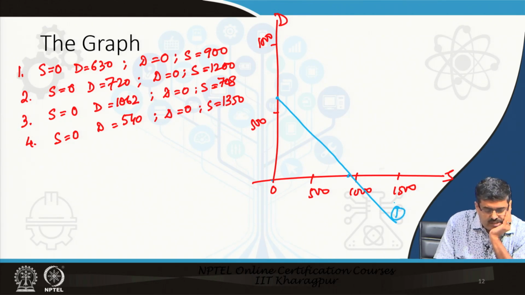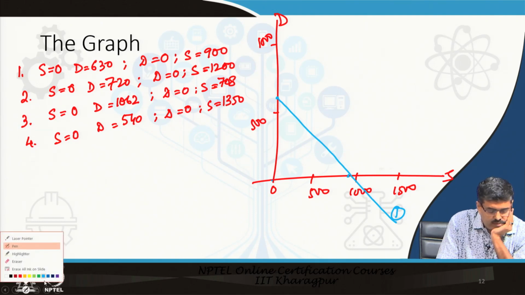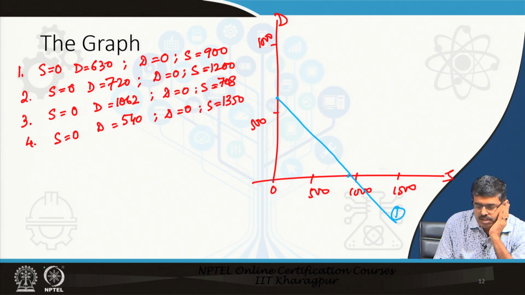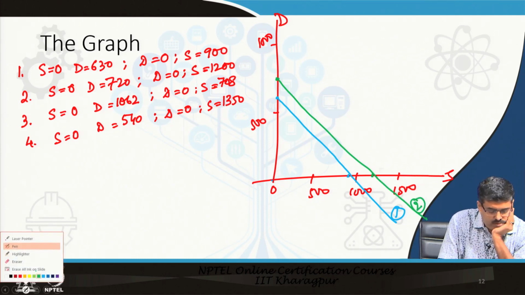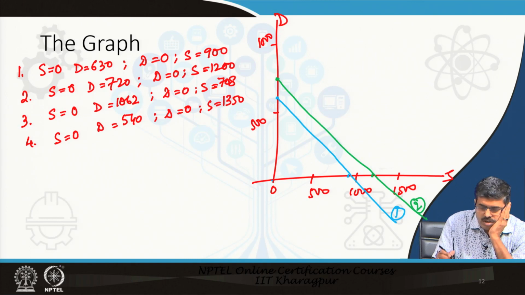Okay. Then, let us use another color, let us use a green. S is 0, D is 720. Okay. D is 0, S is 1200. Let us try the third one, S is 0, D is 1062, somewhere here, D is 0, S is 708.